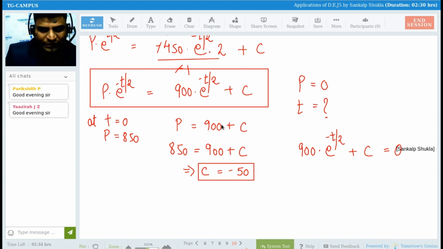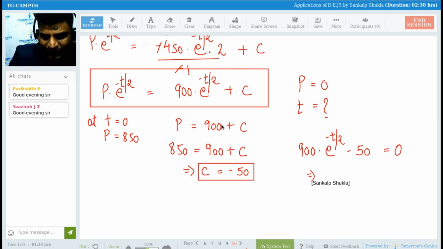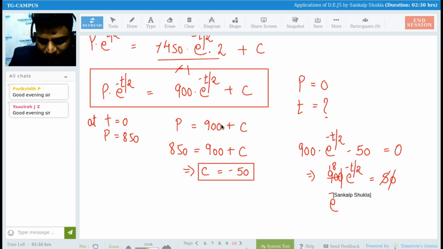And we know the value of c is minus 50, so I should write minus 50. So that means 900 e raised to the power minus t by 2 is equal to 50. So this 50 will get cancelled and 900 by 50 is 18. So e raised to the power minus t by 2 is 1 by 18.